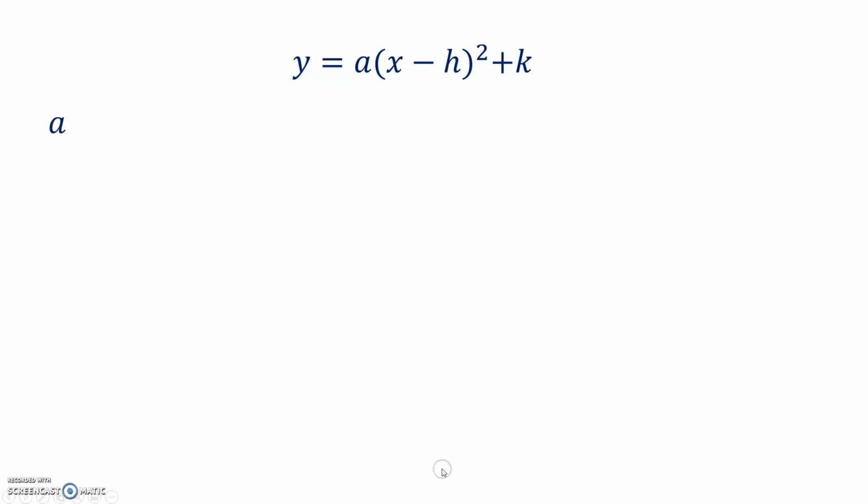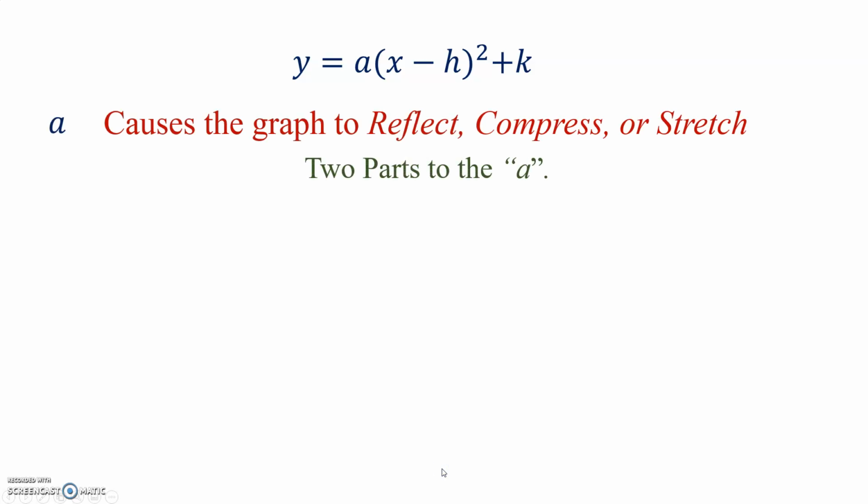All right, let's work with the a. The a causes the graph to either reflect, compress, or stretch. You want to consider the a in two parts, meaning this: consider plus or minus a, focusing in on just the sign first. That part of the a helps determine if there will be any reflection.